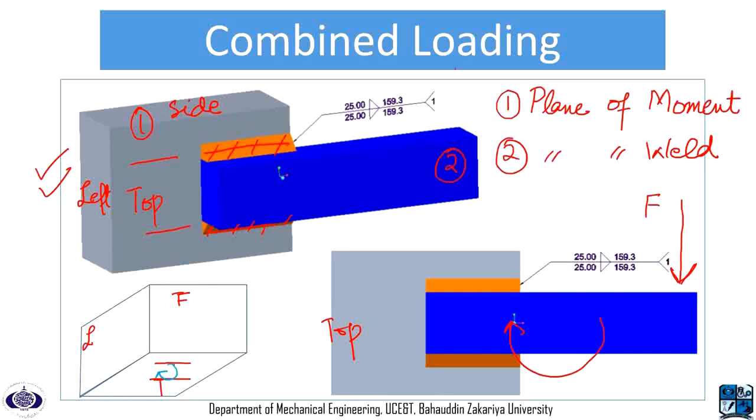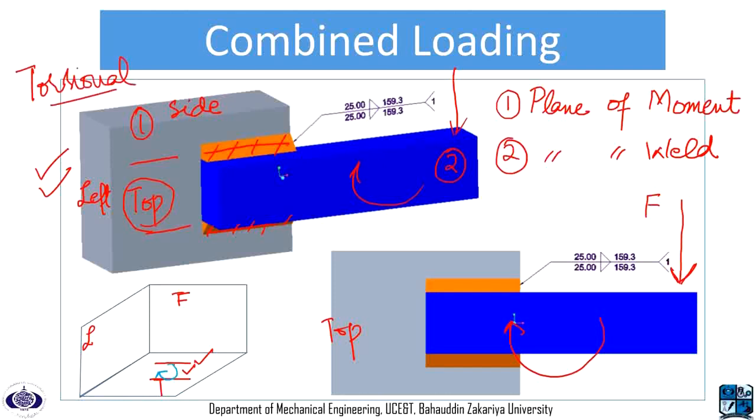You can see that if I apply this load here, this load is going to produce a moment in this plane, which is basically the top plane. So the plane of the weld profile and the plane of the moment are both the same. That is why this type of loading is called torsional load.